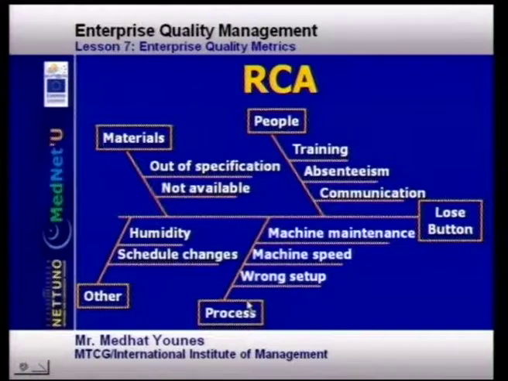Examples of issues that you might face are wrong setup, machine speed, too much speed, or machine maintenance. It could be people requiring training, too many absentees in shift number 2, or improper communication between various workers. It could be the materials being used are out of specifications, or other issues like environmental issues like humidity or schedule changes.